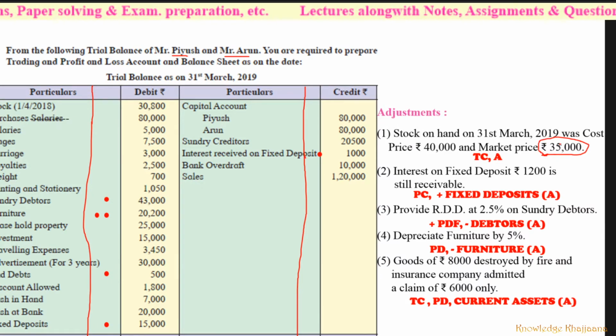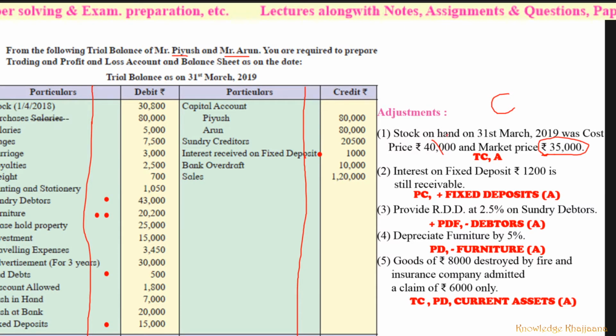So we have to remember rupees 35,000 only, because it's the lowest price according to the principle of conservatism. We don't have to look at the 40,000. So for closing stock, we don't have to make a mark anywhere in the trial balance.